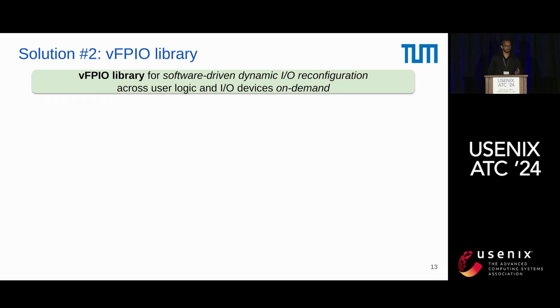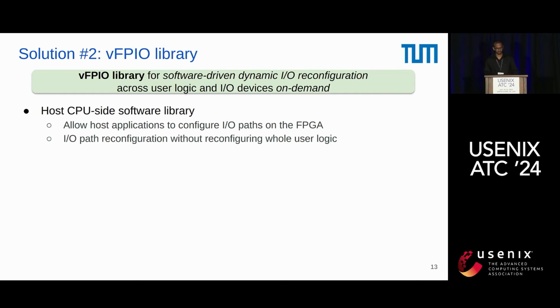So to overcome this problem, we have a vFPIO library within the vFPIO framework, which provides a software-based approach to dynamically reconfigure the I/O path between a user logic and a target I/O device on demand. The vFPIO library is a host-side library, and it allows the host-side applications to configure the I/O paths on the FPGA on demand.